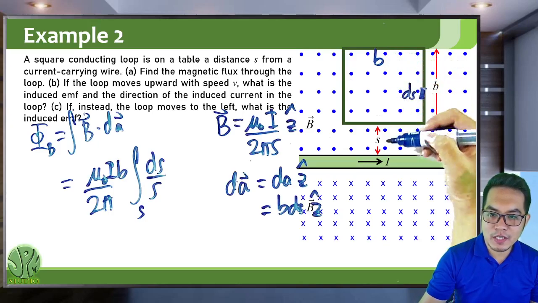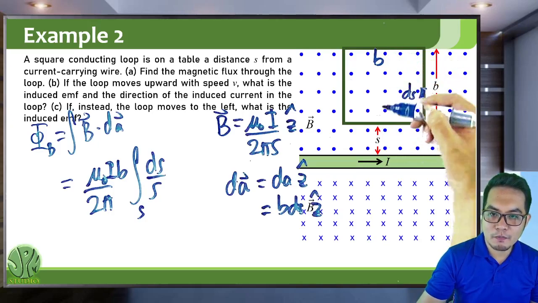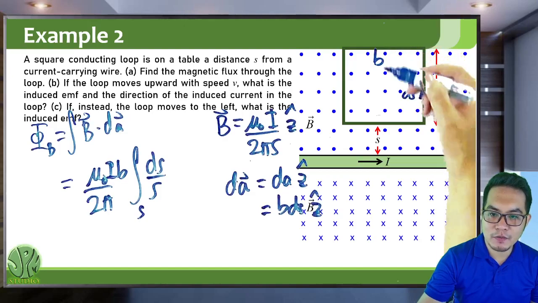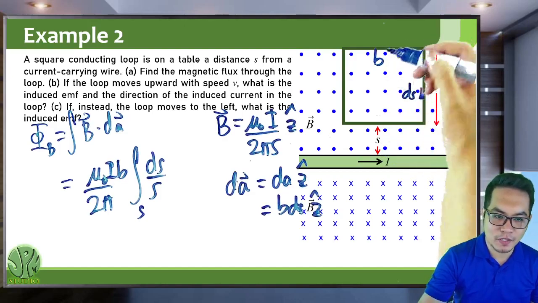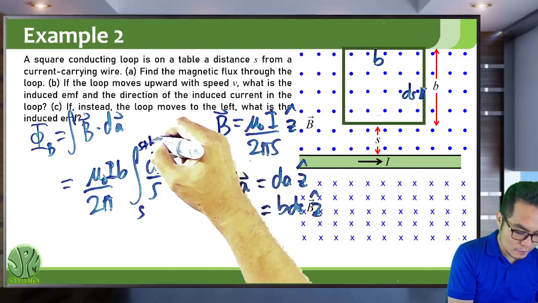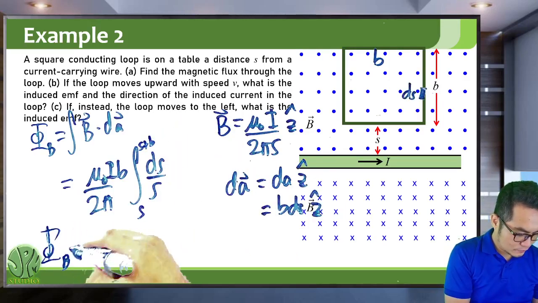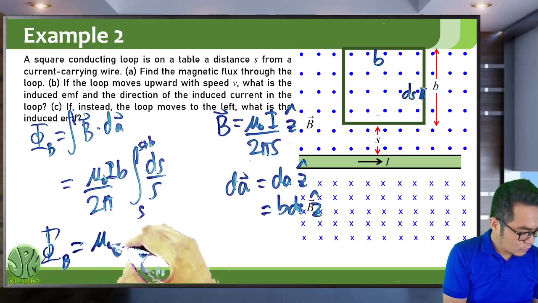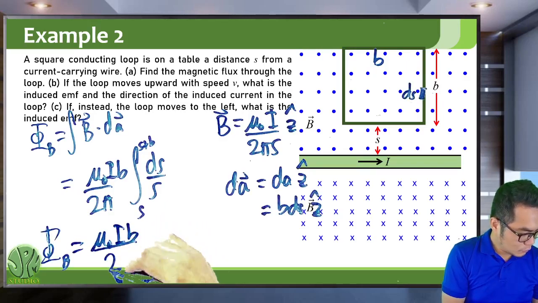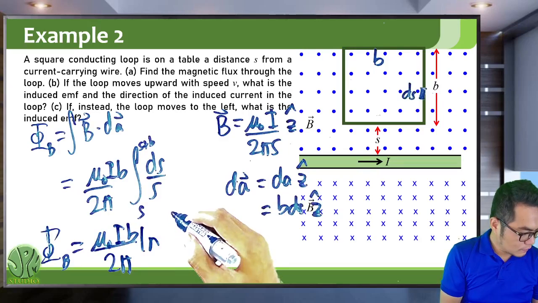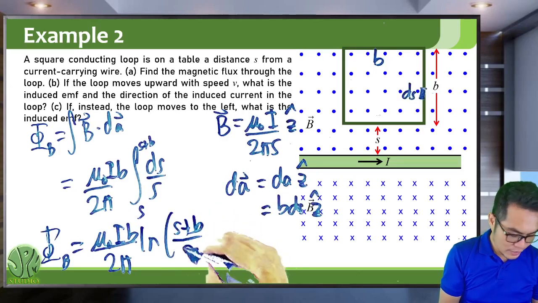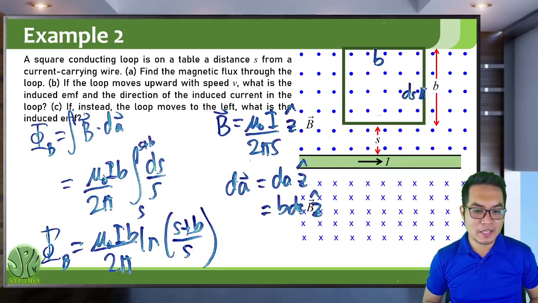So this is s, this is b, therefore this location with respect to this wire is s plus b. So we get the magnetic flux to be equal to mu naught I b over 2 pi ln of (s plus b) over s. So that is our magnetic flux.